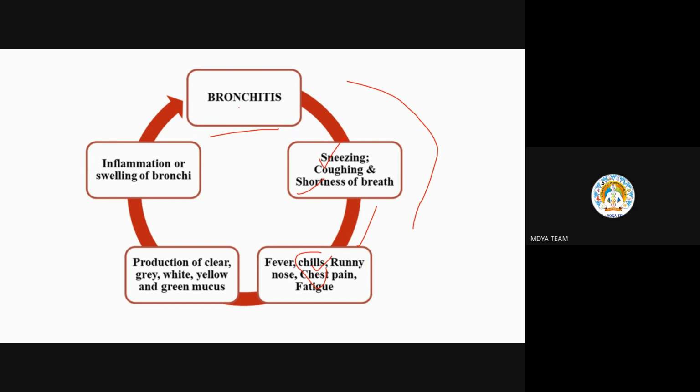Runny nose, fever, chills, chest pain, etc. All the symptoms. Then, to save itself, there will be production of mucus, excess mucus. This is written in this slide. And next, inflammation and swelling of the bronchial tubes, which hinders your breath in and out properly, and further leads to bronchitis.